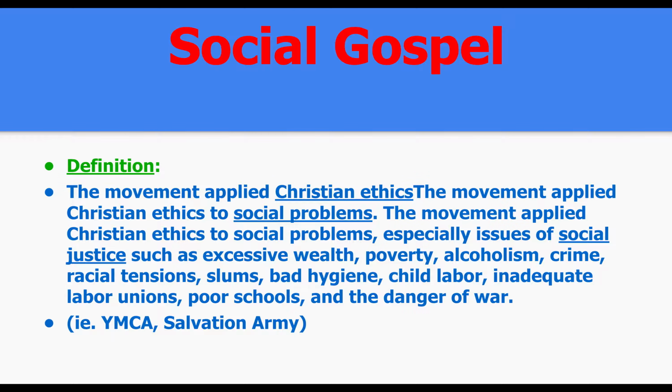In the late 19th century, many Protestants were disgusted by the poverty level and the low quality of living in many of America's cities, in the slums, right? So the social gospel movement provided a religious rationale for action. They used religion to try to justify why something needed to be done to address these concerns.